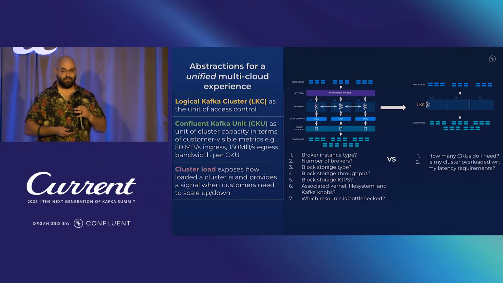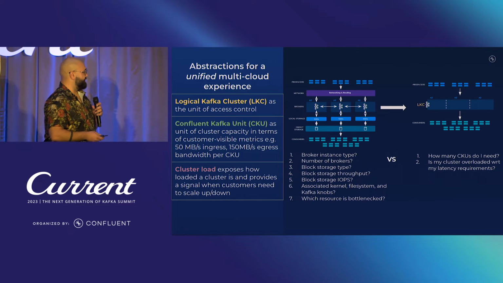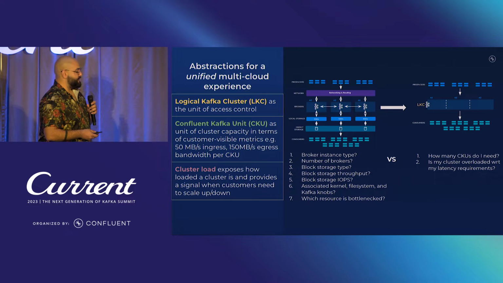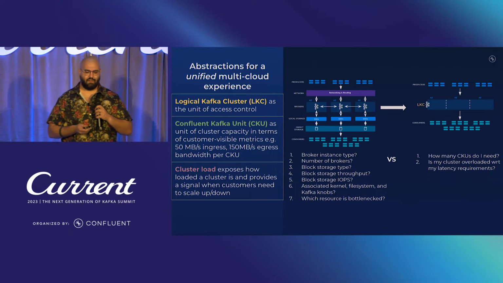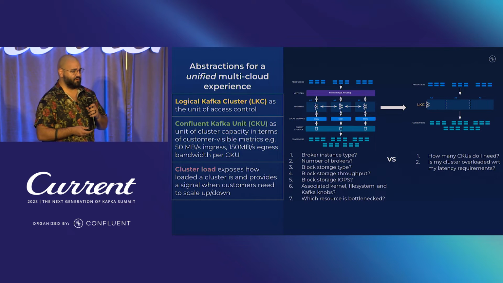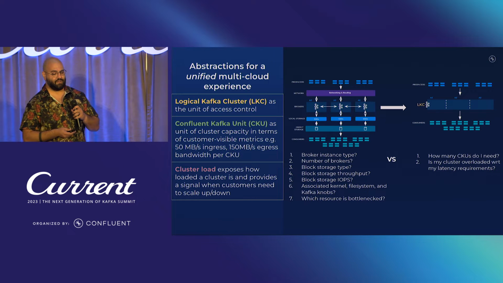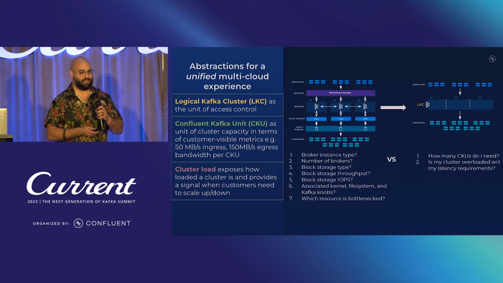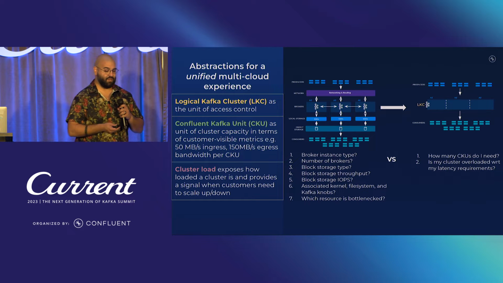This is the Kafka cluster that we give you to connect your Kafka applications to. We call that an LKC. And if you're running on one of our provisioned capacity environments, our dedicated environments, then we also give you a unit of capacity we call the Confluent Kafka unit, a CKU, which you can scale in pre-provisioned capacity with.